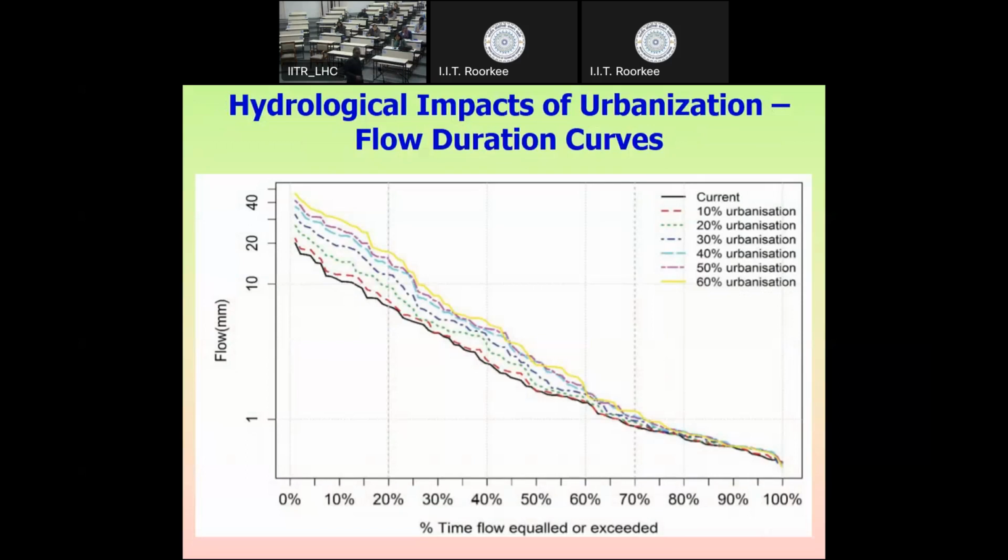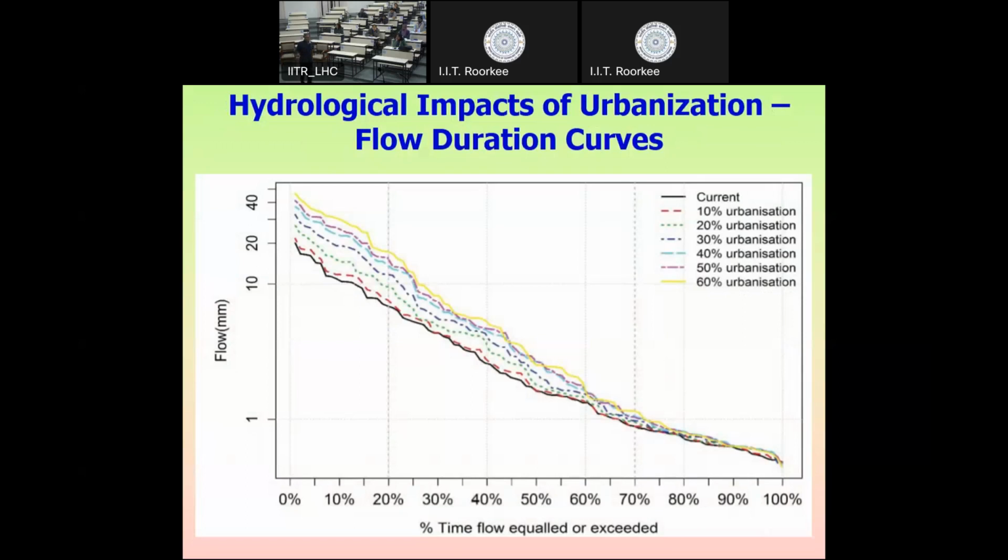Now, the important thing here is that this flow duration curve is plotted for the observed data, and then computations were made for different percentages of urbanization. So suppose in the catchment 10% of the area is converted to urban area, 20%, 30%, then how the flow behavior will change.